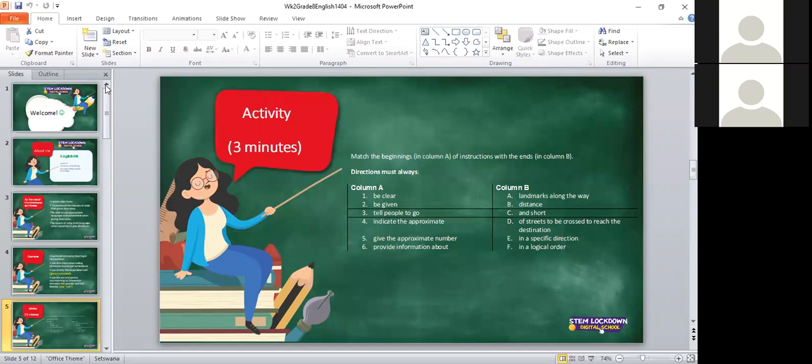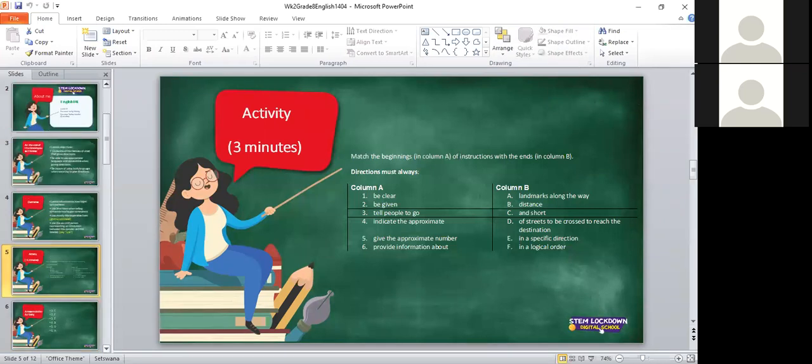Number 5 would be F. Unfortunately, that's not correct. Remember, F is already the answer to number 2, that is, be given in a logical order.